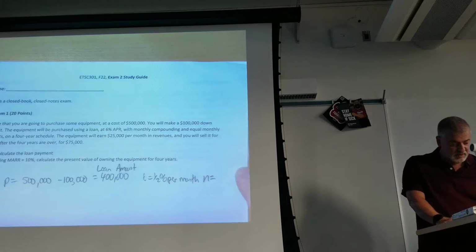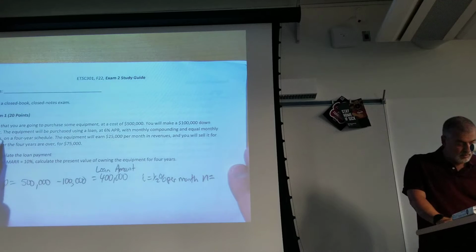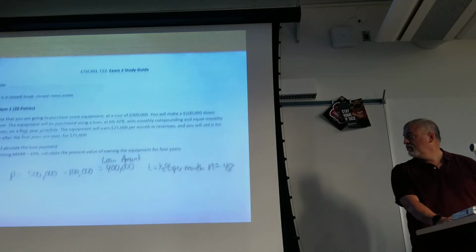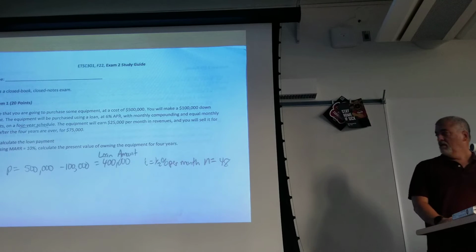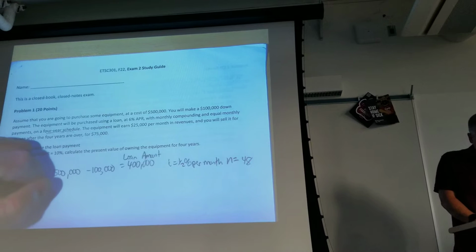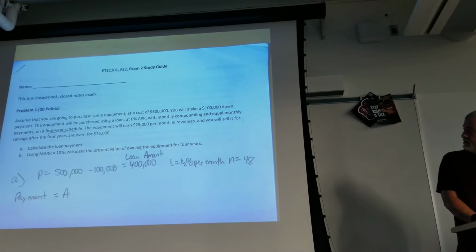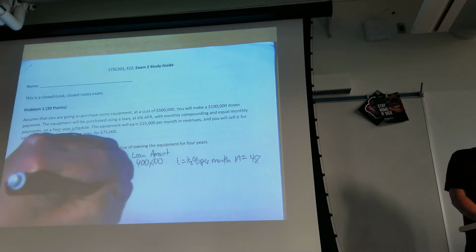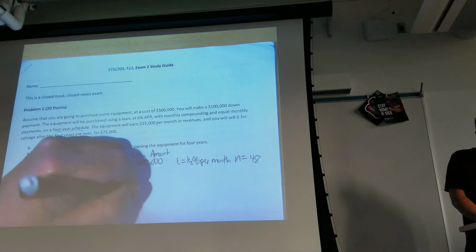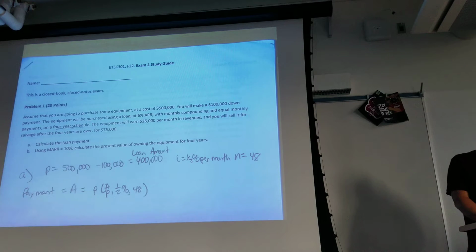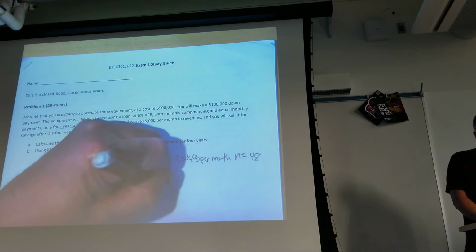N equals once per month for 4 years. Okay, so payment equals A equals P times A over P using 0.5% and 48. And P is 400,000.